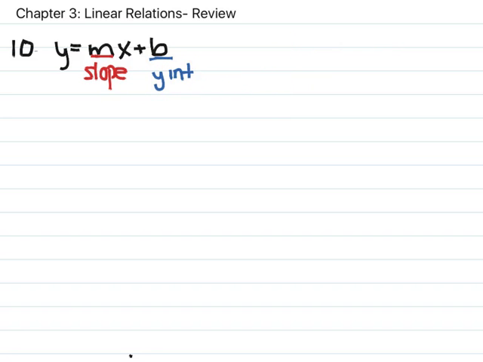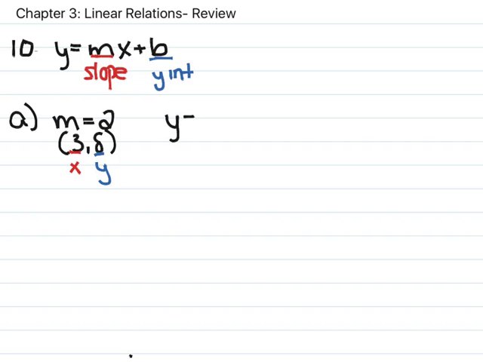Going back. For A, you know that your slope is 2, so m is 2. You're given a point that the line goes through, 3, 8. Quick reminder, 3 is your x value, and 8 is your y value, so you can plug them in. You have y equals your slope times x plus b.